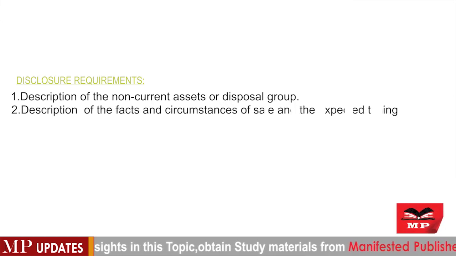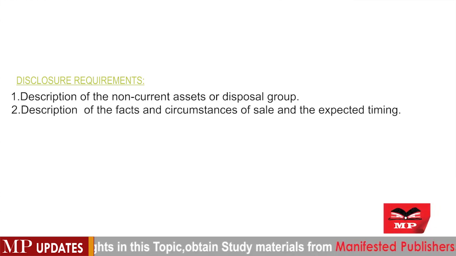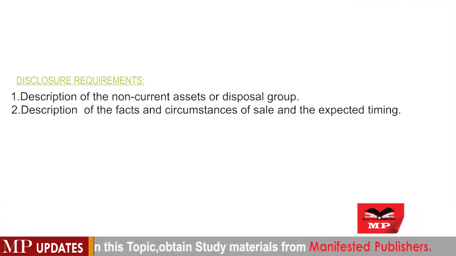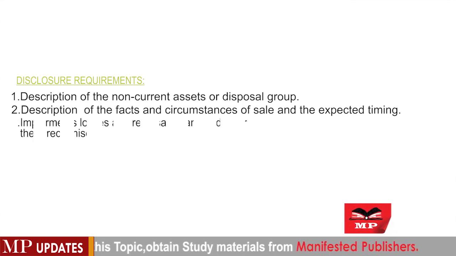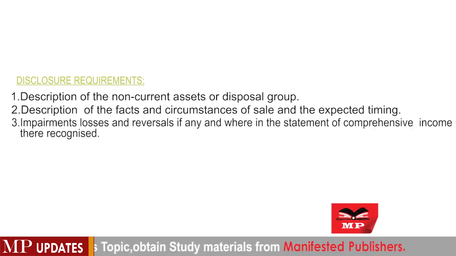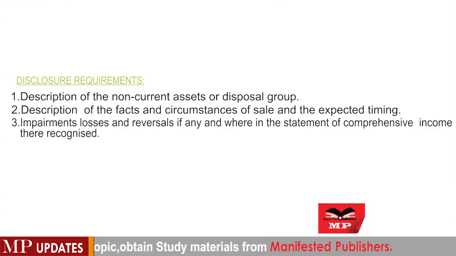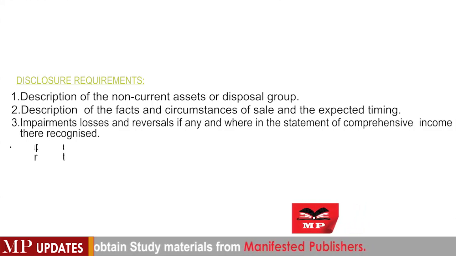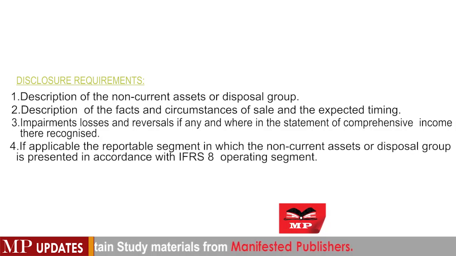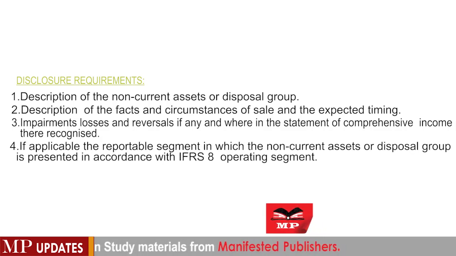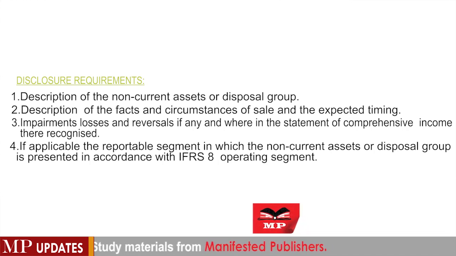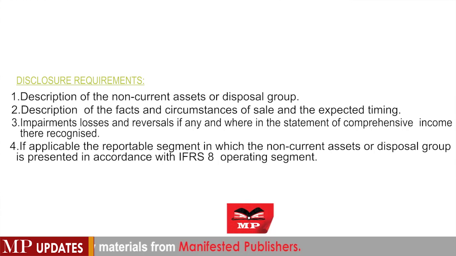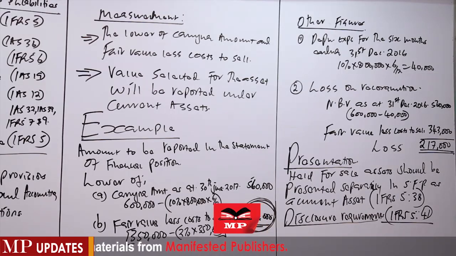Two, description of facts and circumstances of the sale and the expected timing. Three, impairment losses and reversals, if any, and where in the statement of comprehensive income they are recognized. Next, if applicable, the reportable segment in which the non-current asset or disposal group is presented in accordance with IFRS 8 operating segments. So those are the main disclosure requirements.